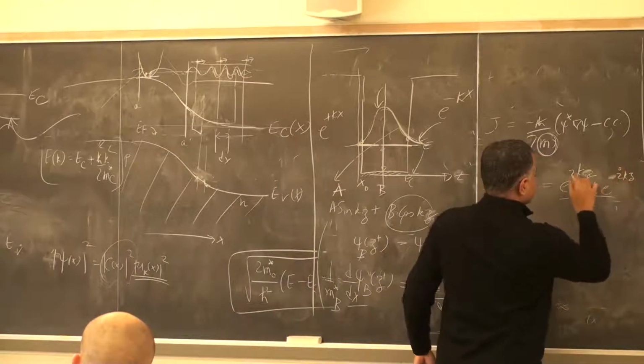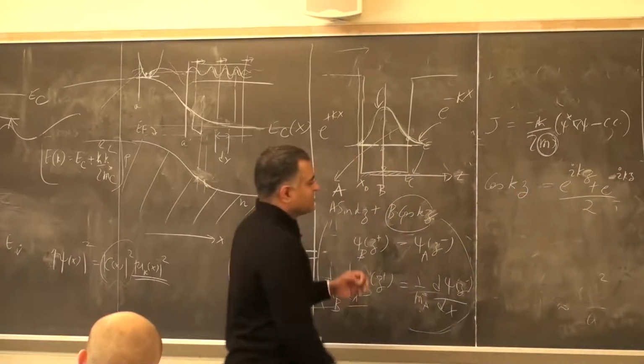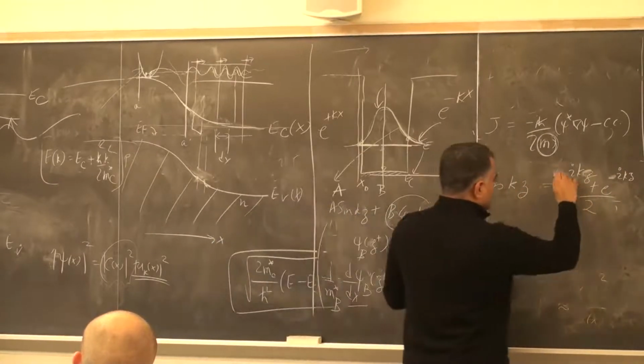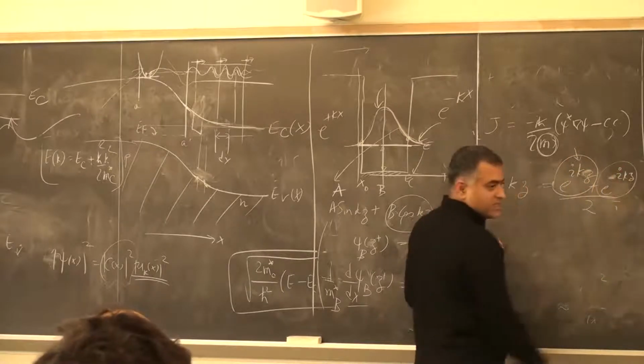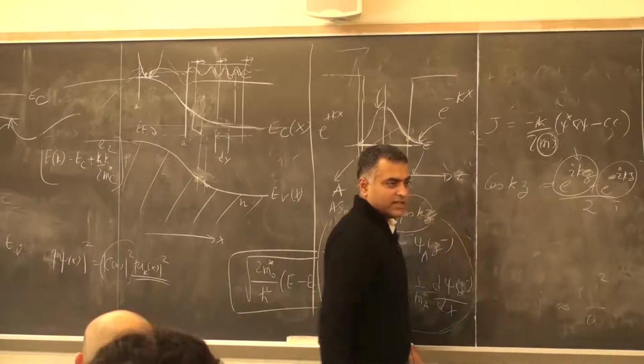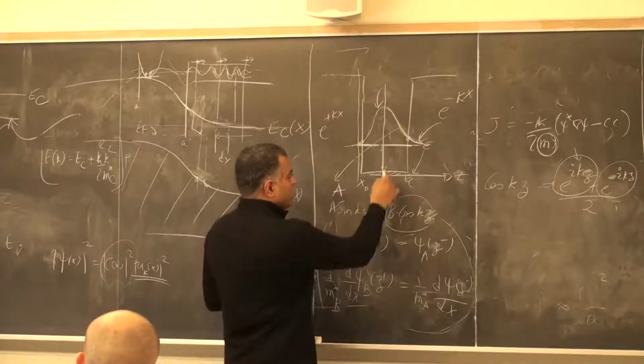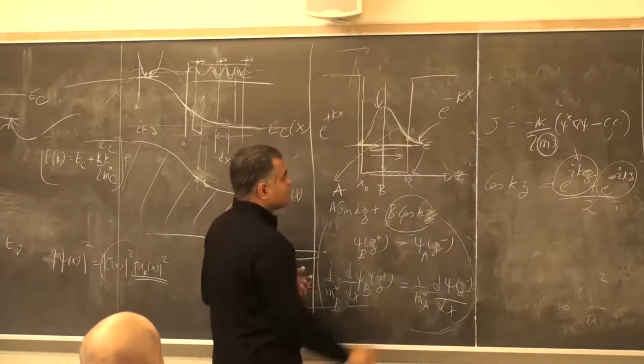Just looking at this picture, it looks like two waves. One is going with a plus kz, the other is going with a minus kz. It's composed of two, right? One wave moving to the right and one moving to the left.